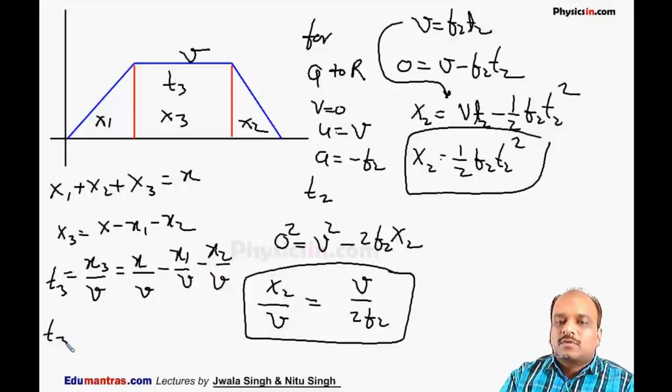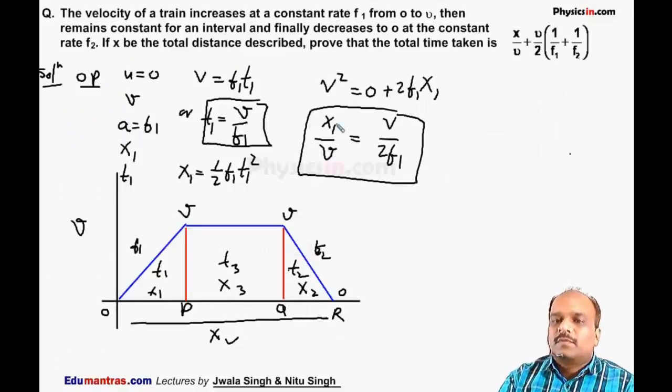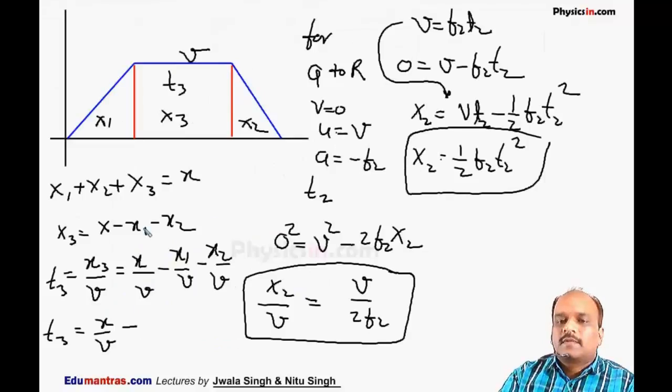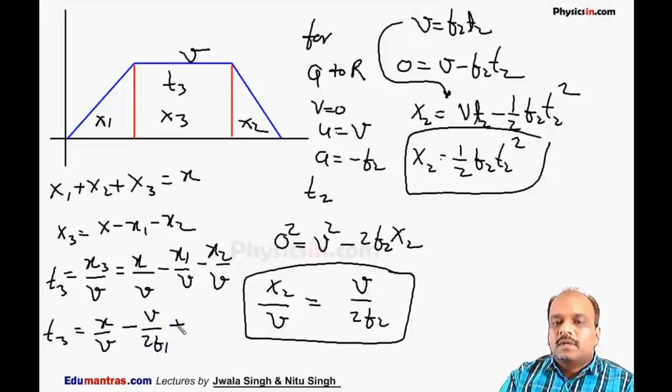From our previous expression, we know x1 by v is v by 2f1, so I will substitute x1 by v as v by 2f1. And x2 by v can be written as v by 2f2. Now the total time of journey.